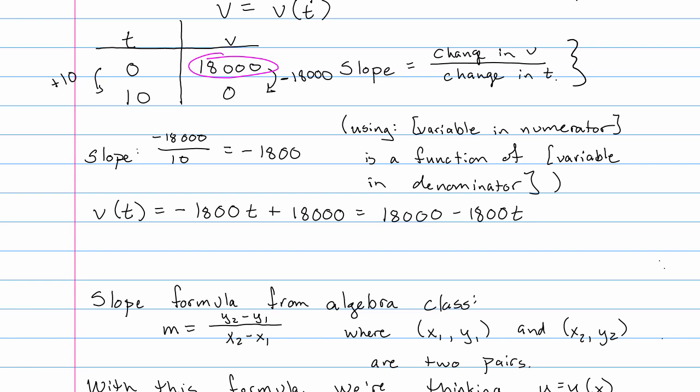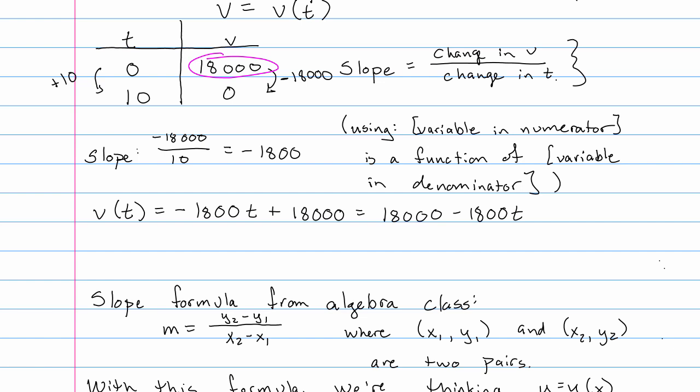But in applications, rather than thinking too hard about what's y, what's x, just think, which variable are we seeing as a function of the other? So the value of the piece of equipment in this case is a function of the time that's passed.